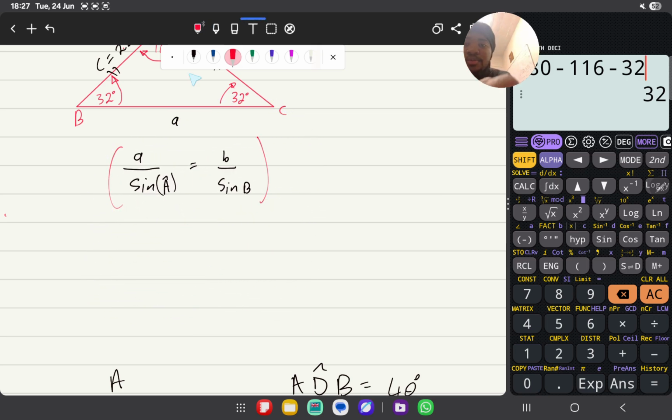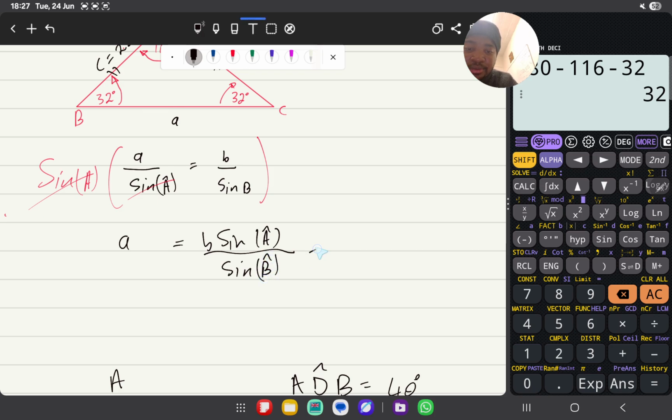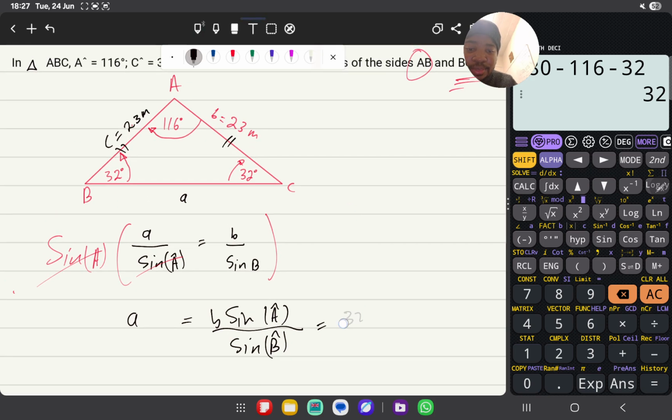Okay, cool. So I'm going to multiply every side by sine A, right? And when I do that, the sine A on this side will cancel. So that means I have A equals B sine A over sine B. Which is what? B is 23 meters.